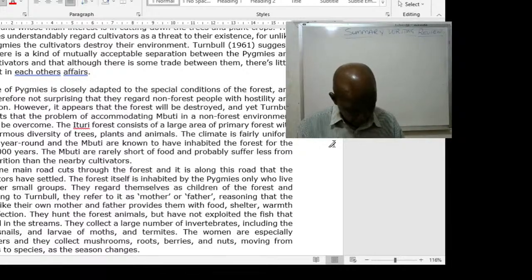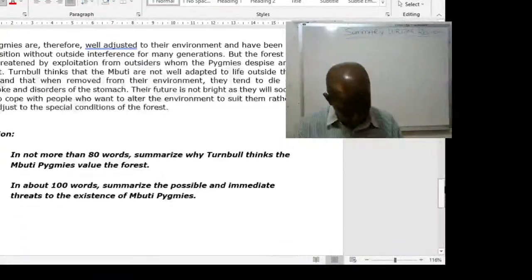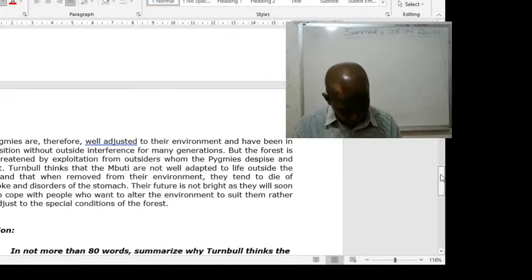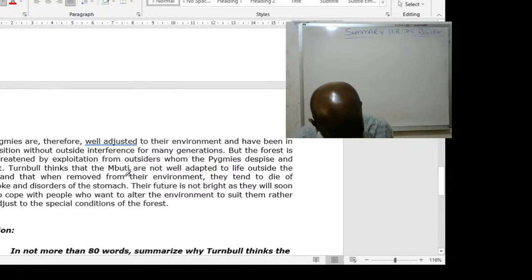Then finally, to that question, scroll to the very last paragraph, the one that begins with "The pygmies are therefore." There is a sentence that begins with, "But the forest is now threatened by exploitation." Do you see that?